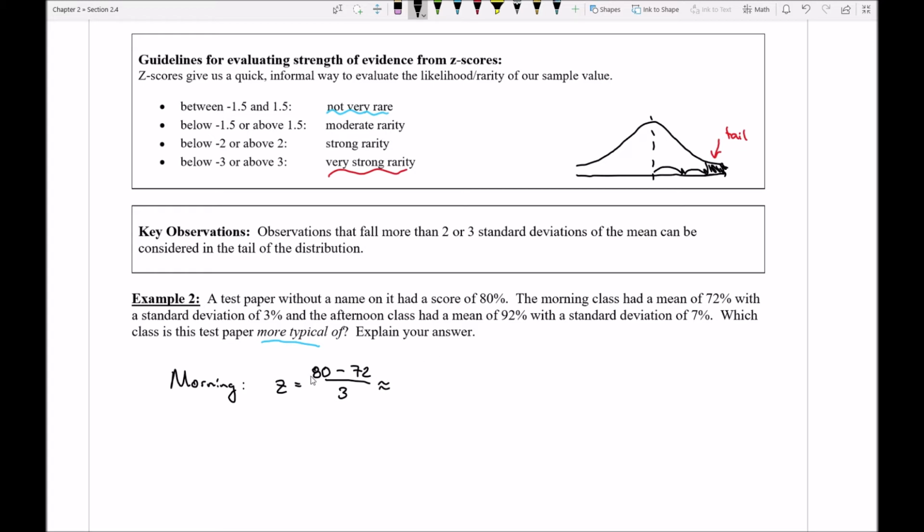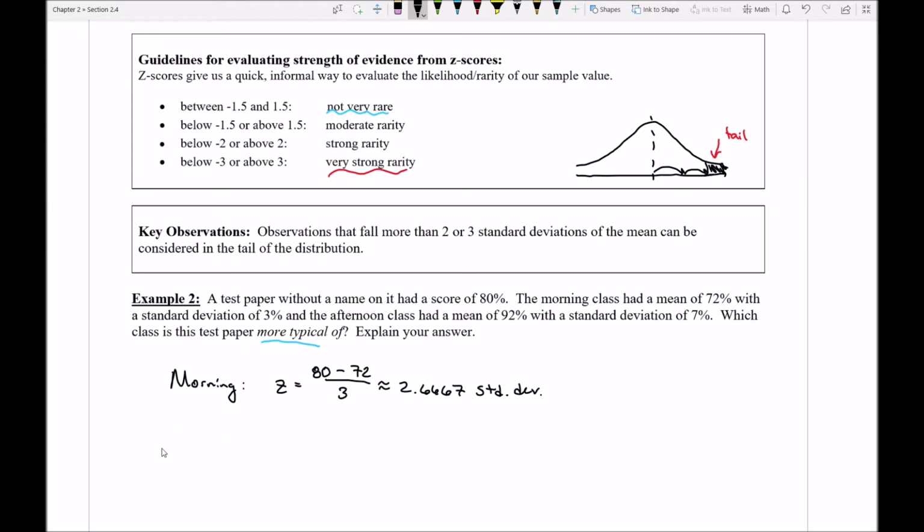You should end up with a value of 8 over 3, which simplifies down to 2.6667. And again, remember the units on here are standard deviations. So what we know is that in the morning class, our score is above average by 2.667 standard deviations. So it's starting to get into this kind of strong rarity.